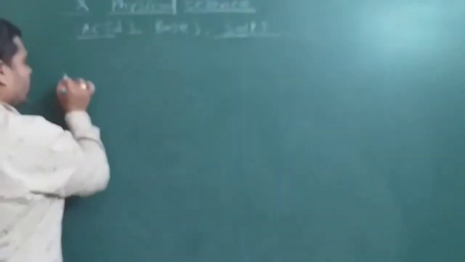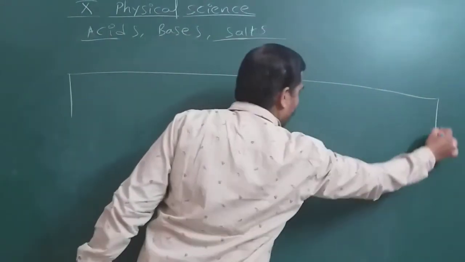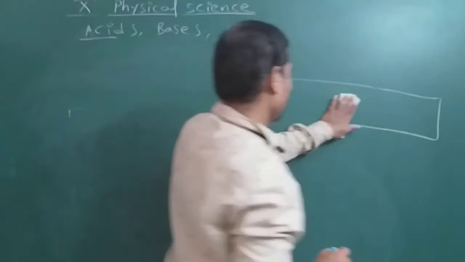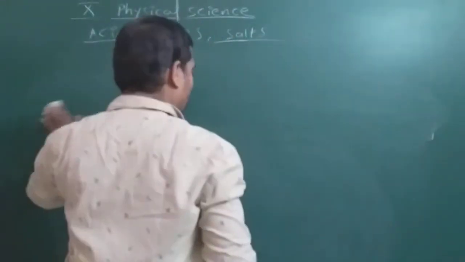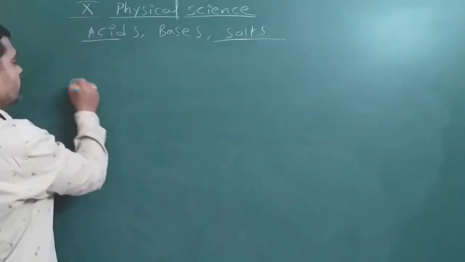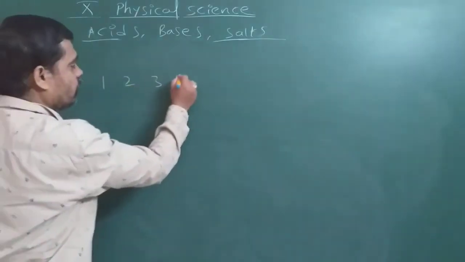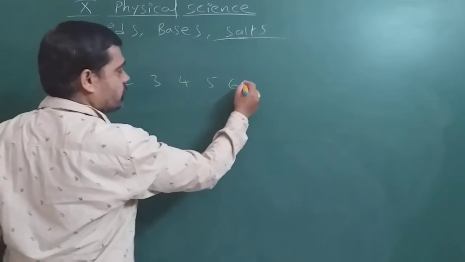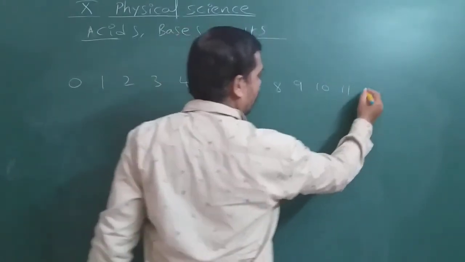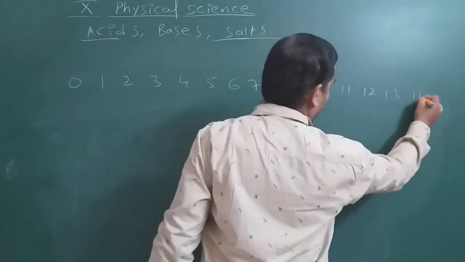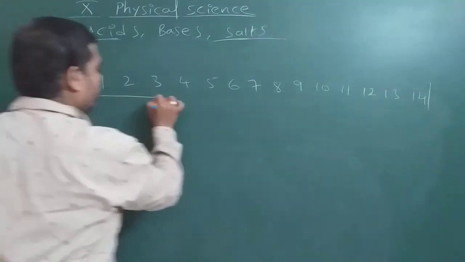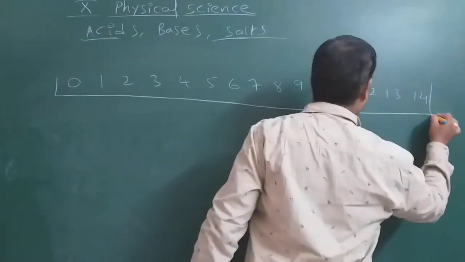The pH scale consists of 14 values, 0 to 14. So 0, 1, 2, 3, 4, 5, 6, 7, 8, 9, 10, 11, 12, 13, 14. This is the pH scale.